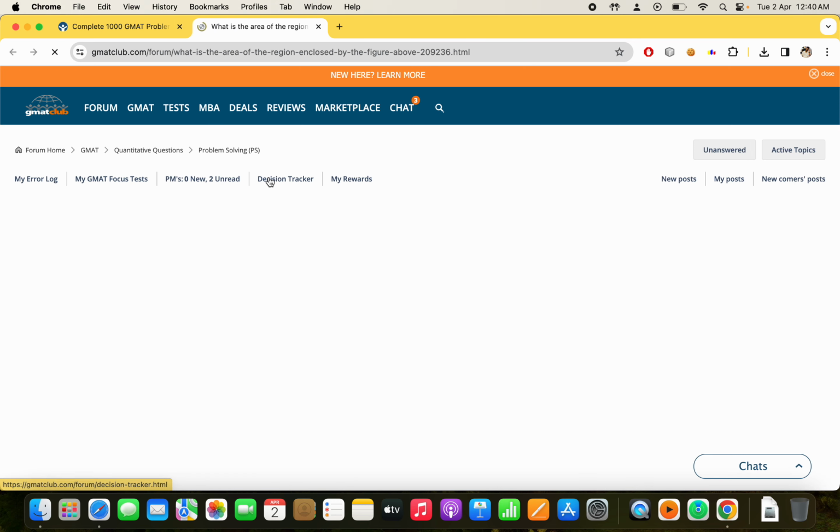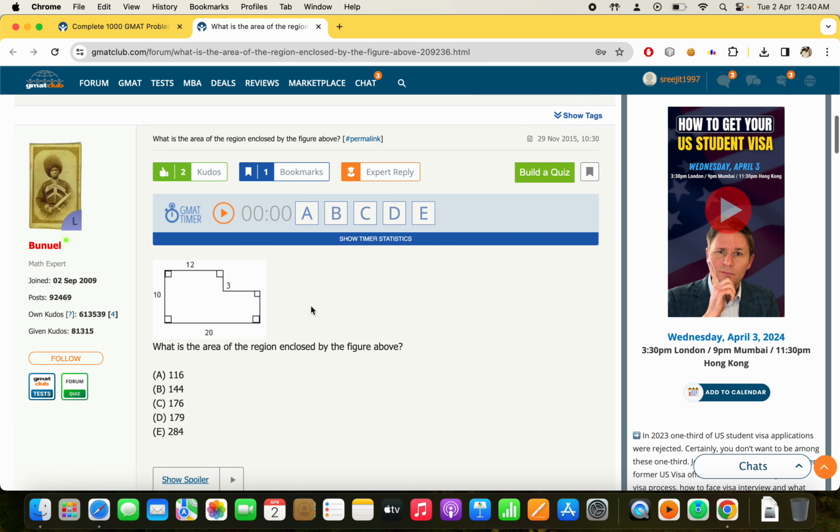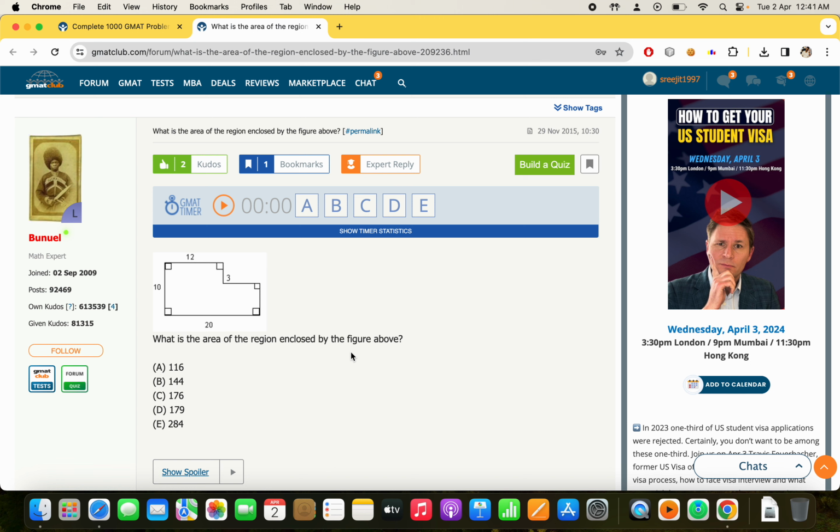So let's skip to the second question. What is the area of the region enclosed by this figure? Okay, this sounds kind of nice. Let's see how I approach it. So basically the upper side is 12 and 10 and 3 in this part, and 20. What is the area of the region enclosed by the figure above?